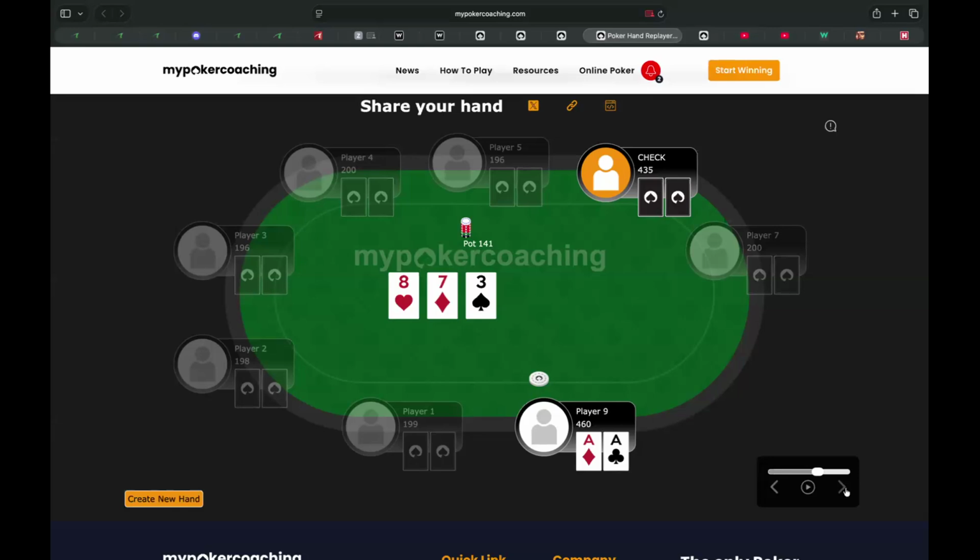You can always default to geometric here. With geometric, you've got an SPR of 3, so about half pot is perfect if you want to get it all in by river. This hand is certainly good enough to get it all in by river. So this is a good bet size.